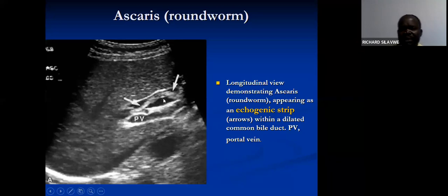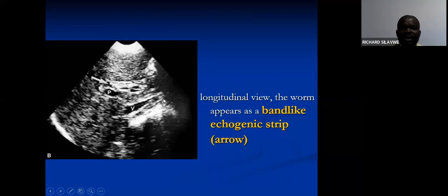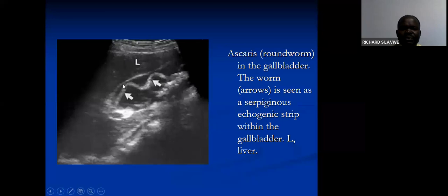So that's a worm there. Here again, we can see the worm here. We can see another roundworm here. The arrows here.